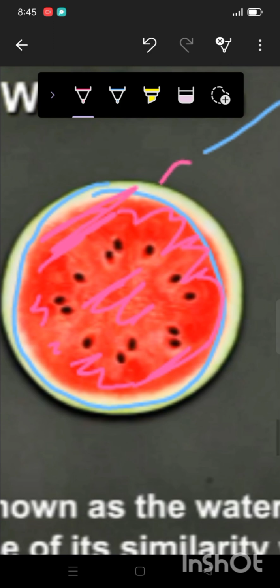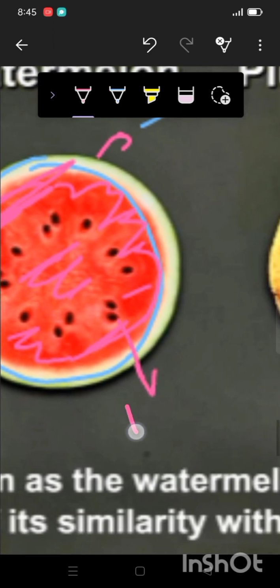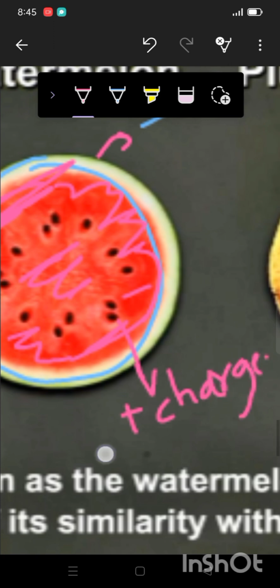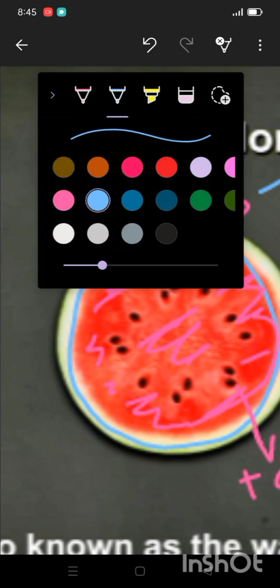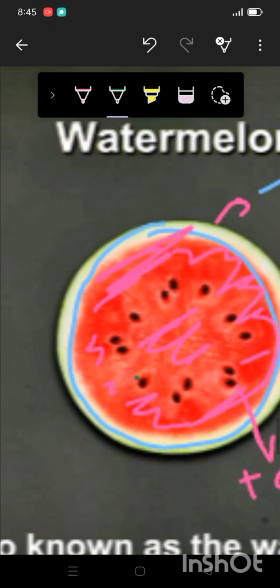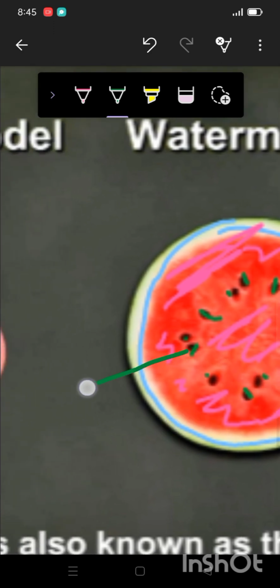Then he said electrons are embedded into it. You can see these black seeds embedded in this. He said these seeds are like electrons, embedded in the positive sphere.